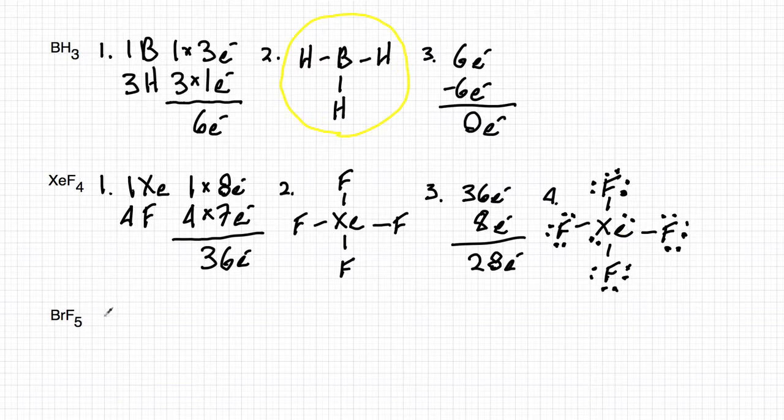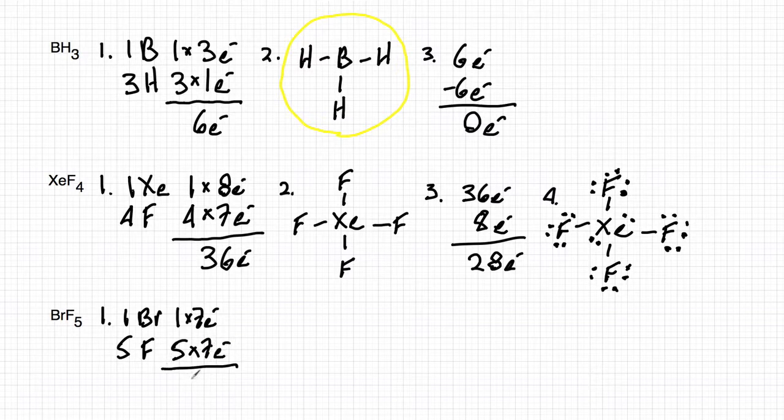For our next example, this is bromine pentafluoride. And let's go ahead and add up the electrons. We've got 1 bromine, and that's going to be 1 times 7 electrons. And we have a total of 5 fluorines, and so that's going to be 5 times 7 electrons.